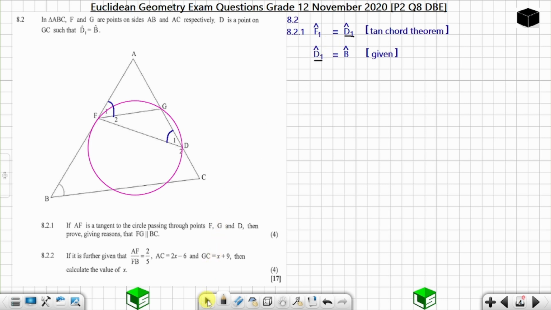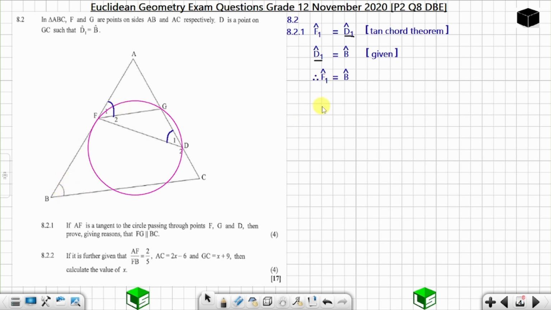So automatically angle F1 is equal to the angle B. Now you can see the corresponding angles are equal.